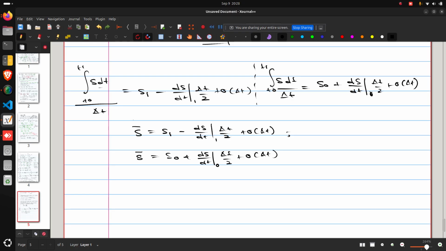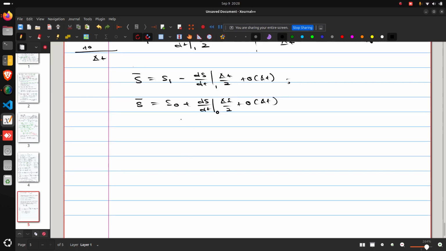So if we just add these two things, 2 S bar equals S1 plus S naught, minus ds dt delta t by 2 plus ds dt delta t by 2.